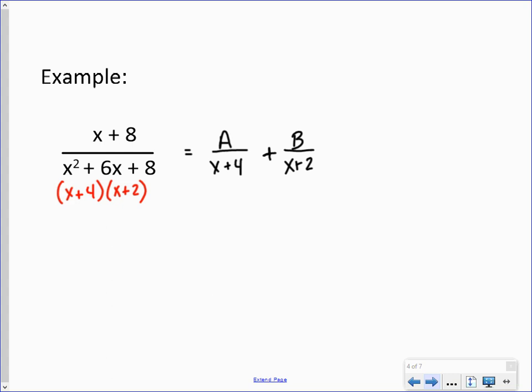So we're going to multiply the entire equation by x plus 4, x plus 2, and that means that every single fraction gets multiplied by x plus 4, x plus 2. Like distribution. Every single fraction gets multiplied by the LCD.